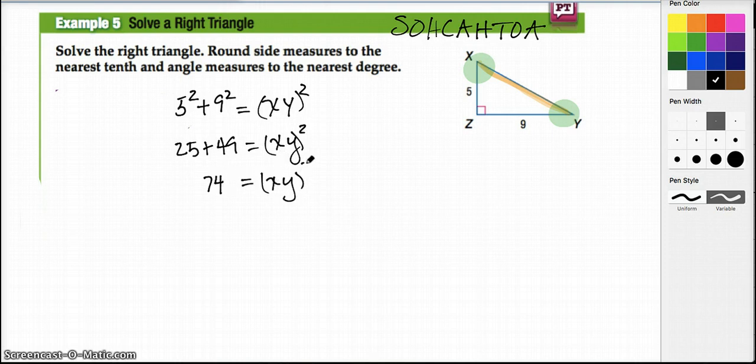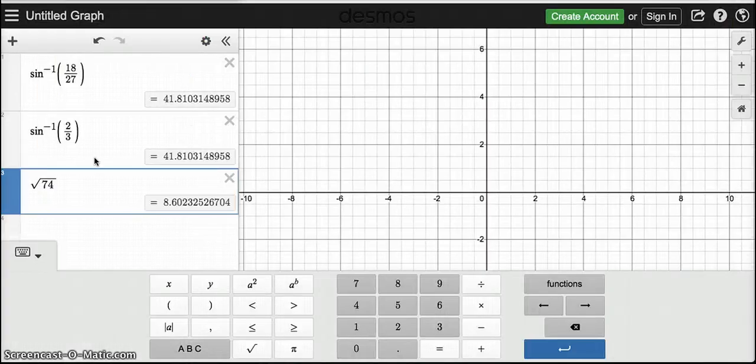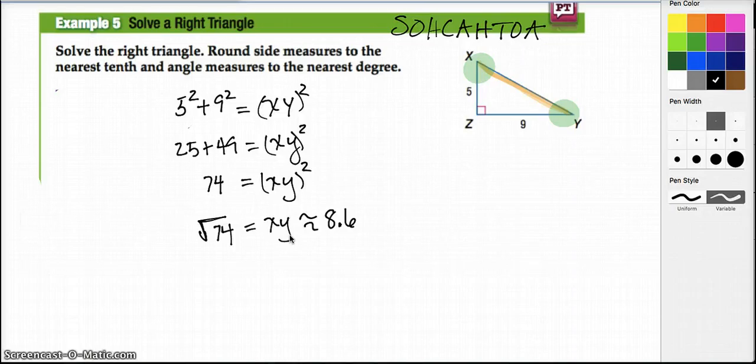That tells me the length is going to be the square root of 74. Since they asked us to round the side measures to the nearest tenth and angle measures to the nearest degree, I need to involve a calculator. I'm going to use Desmos and see that the square root of 74 is 8.6. So side length xy is 8.6. All right, groovy. One part done.